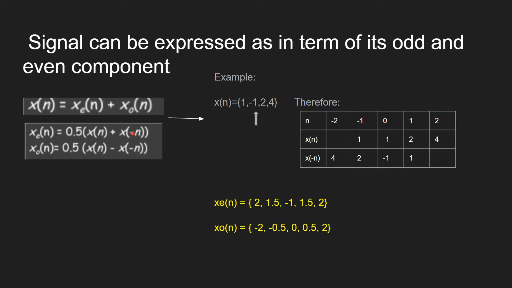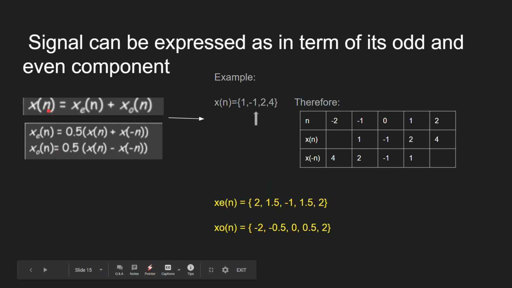Now for the even component, if you add x of n and x of minus n, here for example you get 4, and then divided by 2 you get 2. Similarly this will give you 3, and 3 by 2 is 1.5. However, for the odd component, note that we subtract these two values. Therefore, for example here 0 minus 4 gives you minus 4, and hence you get minus 2.